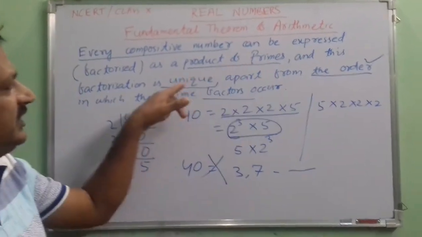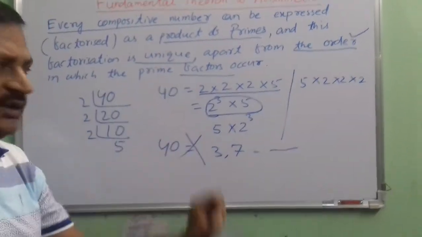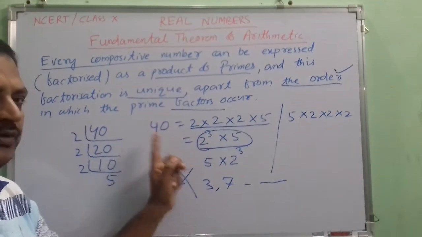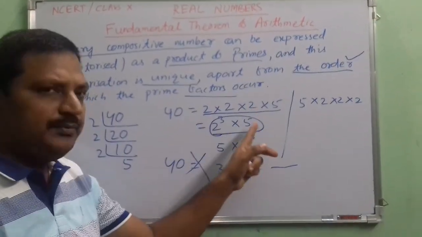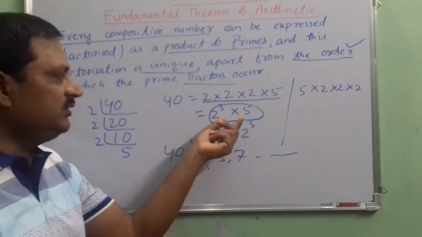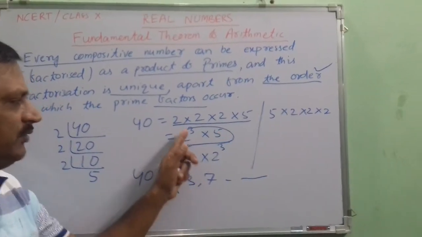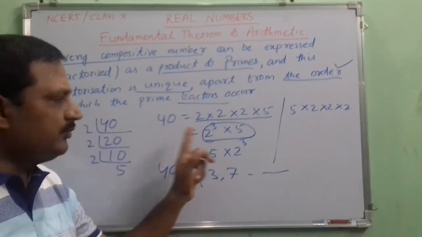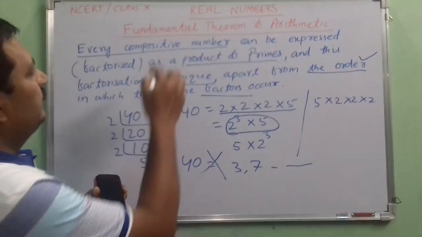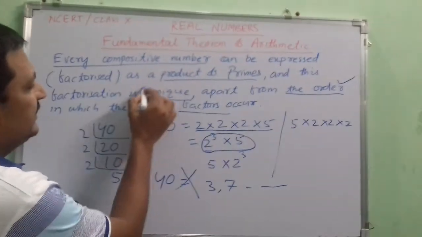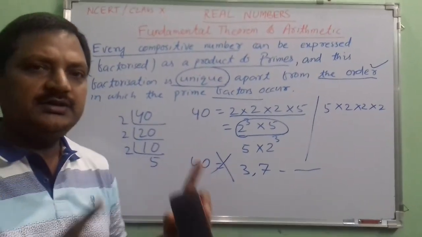That's why we are saying that this factorization is unique. So 40 has only two prime factors, 2 and 5, where the exponent of 2 is 3. So this is what the fundamental theorem of arithmetic says, that this factorization is unique.